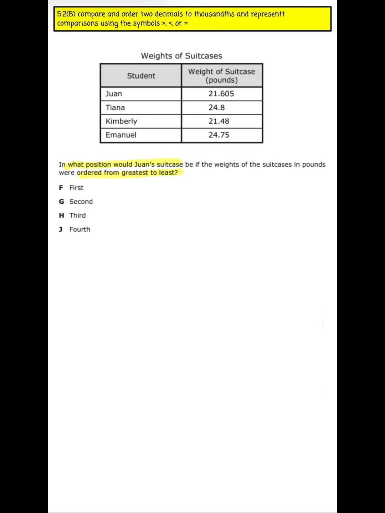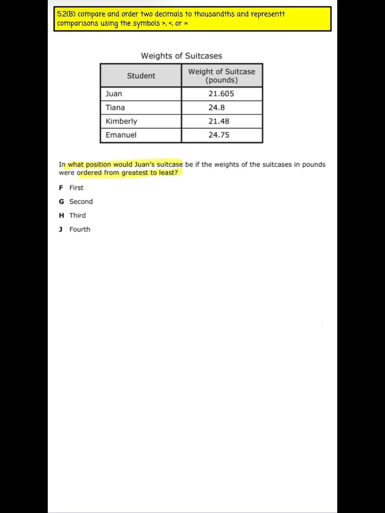Out of all 4 students, I noticed that Juan's suitcase has the most amount of digits. His suitcase has 5 different digits. So that tells me that I need to create a place value chart with 5 different place value positions.